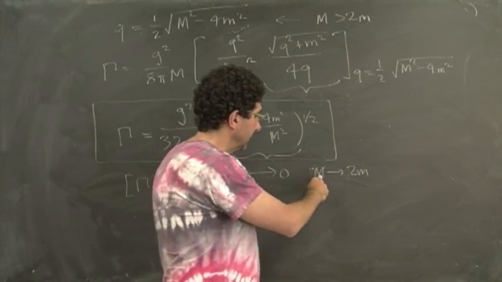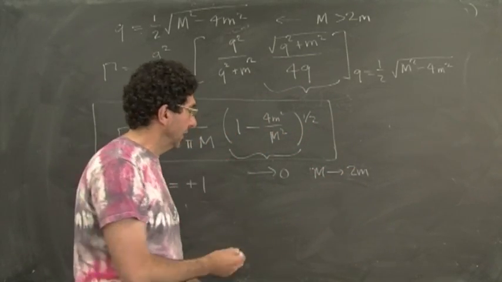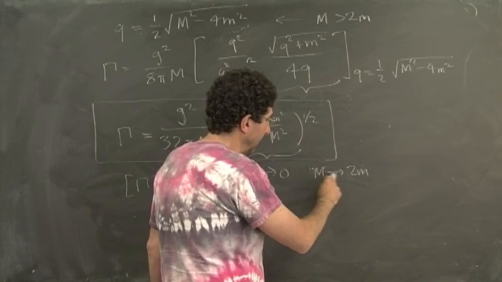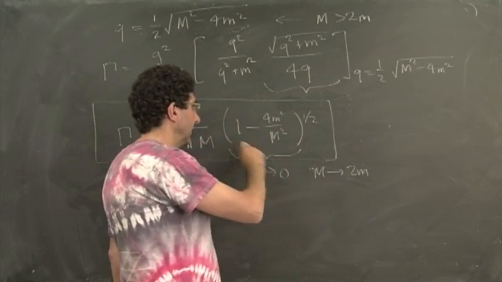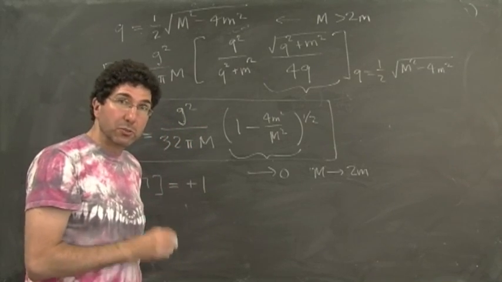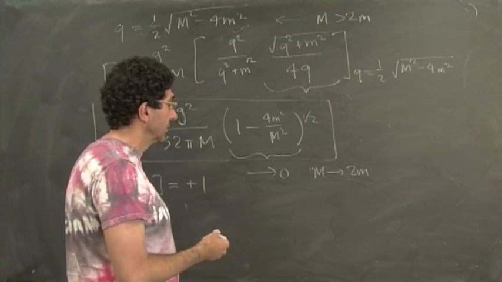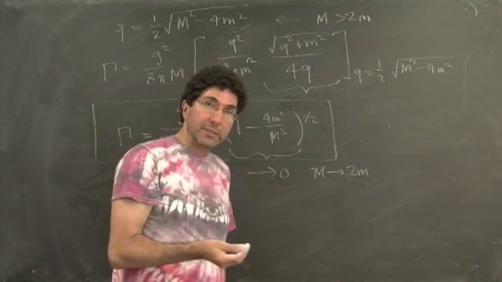So if these masses are getting very degenerate, then this factor is getting smaller and smaller. So that's telling you that the decay rate is getting smaller, and this is suppressing the decay rate.